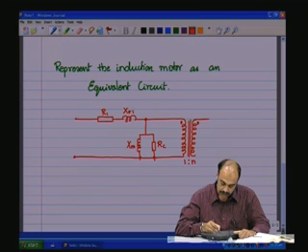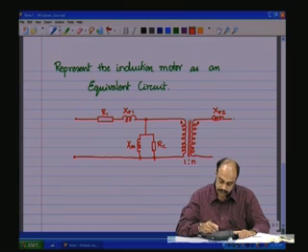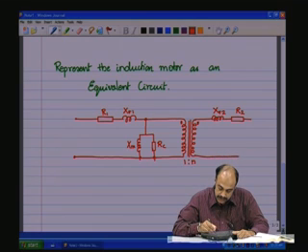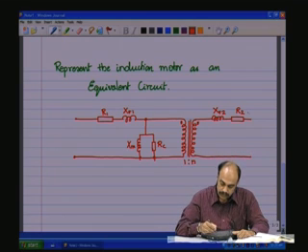And on the secondary side, you have the leakage reactance X sigma 2 and the R2, which is the winding resistance of the secondary side, and this gets connected to the load.